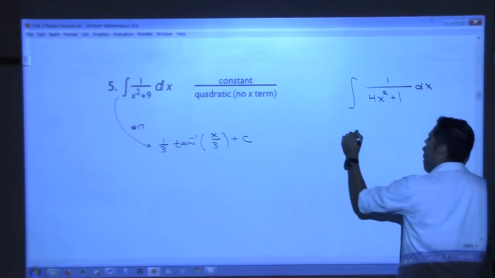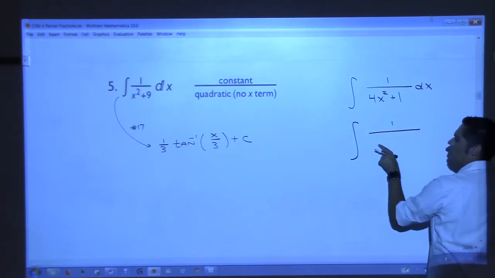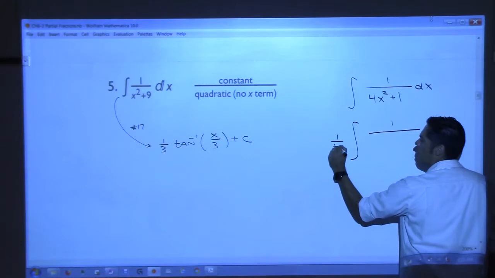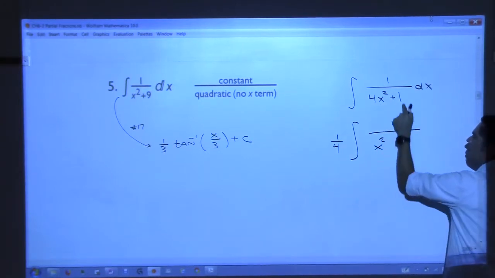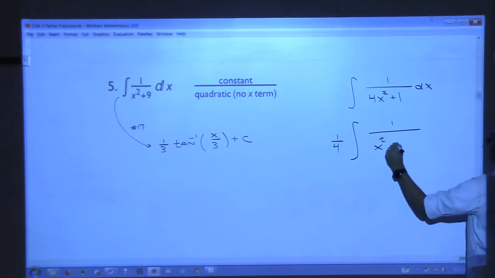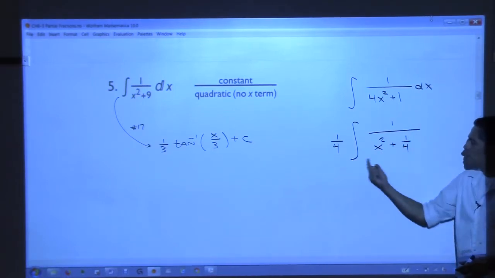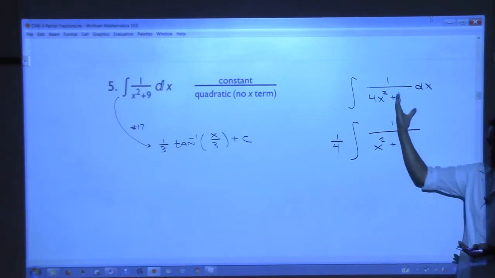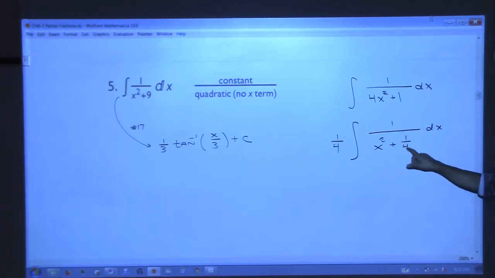So let's just pull a 4 out. So if I pull a 4 out of the bottom, it'll come out as a 1/4, right? And then if I pull a 4 out of this, I have x squared. And if I pull a 4 out of 1, that has turned into 1/4. So if that 4 goes back through here and here, then we get back this. And now, what's a? 1/2, right? So this is your u squared plus a squared.